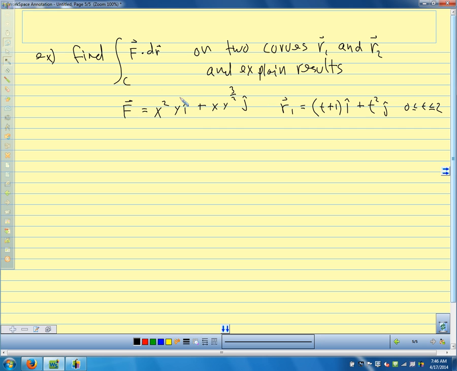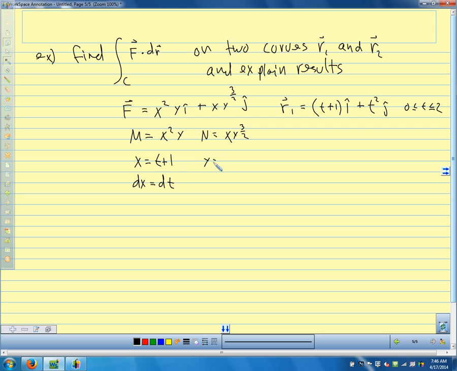So let's practice using our differential form. For our field, m is x squared y, and n is x y to the 3/2. And x from our curve, x equals t plus 1, so dx equals dt.